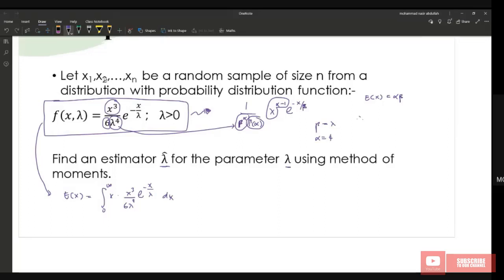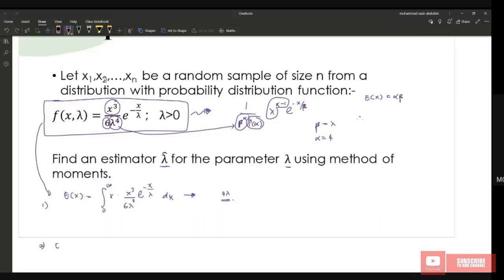You can prove this theory by integrating the PDF multiplied with x. So you can try this one. Your homework is to try to prove that the integration of x multiplied with the PDF is equal to alpha beta, which is equal to 4 lambda. So we know that the expected value of x, this is the first one.